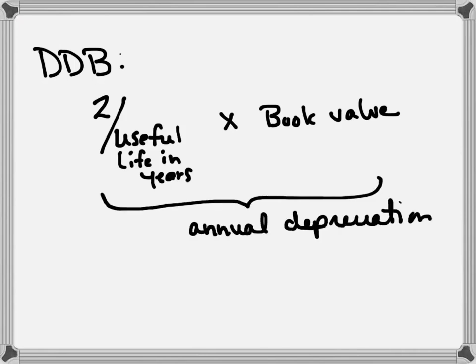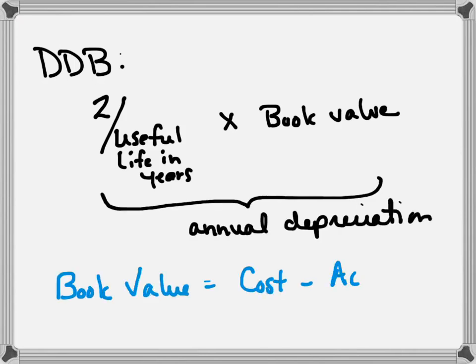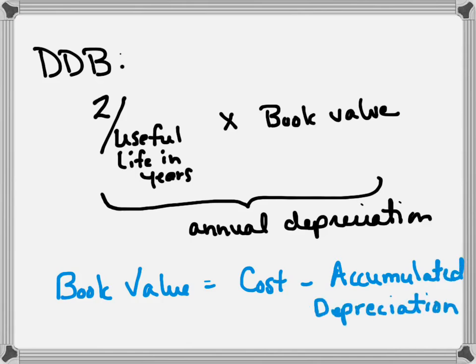Now that would give us our annual depreciation. But there's one additional thing you need to understand, and that's what is book value. Well, book value of an asset is calculated by taking the cost of the asset less the asset's accumulated depreciation. Keep that formula in mind for now, but we will discuss more about book value and accumulated depreciation in later lectures when we actually start applying this.